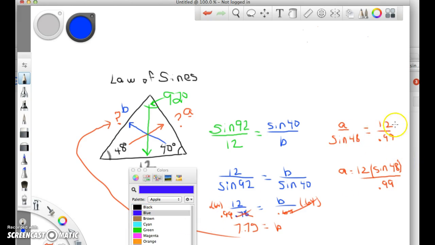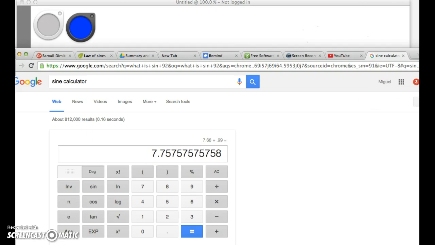And why did we multiply these two? Well, if you want to get rid of this sine 48, you have to multiply by sine 48. That cancels that out. And that means you have to multiply this side by the sine of 48, right? I'm running out of space. I got a little messy here.